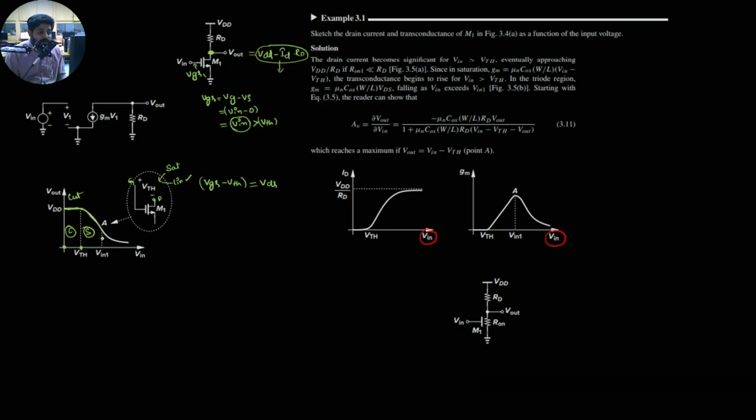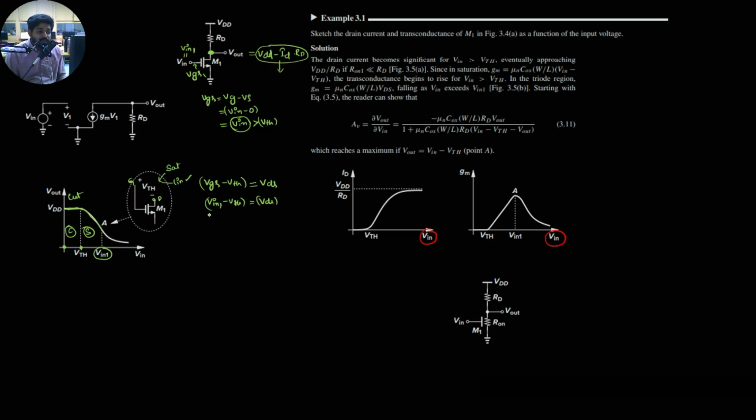The moment some voltage is applied, when VGS equals what I consider as V input 1, so VGS is nothing but V input 1, then V input 1 minus VTH equals VDS.